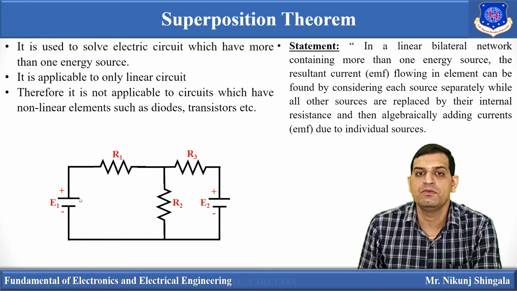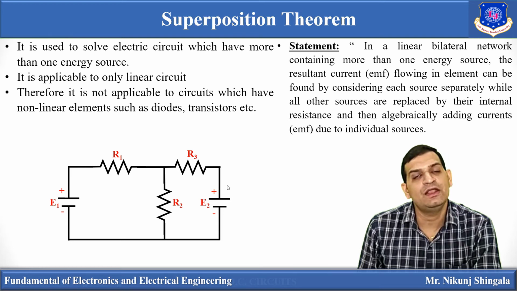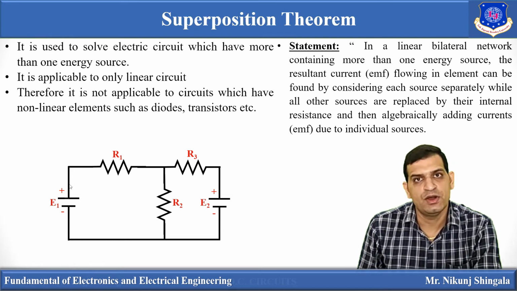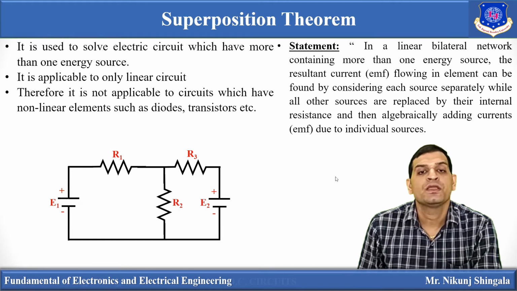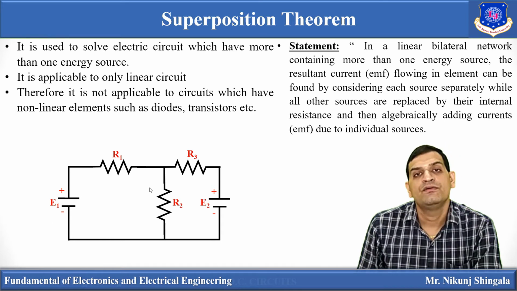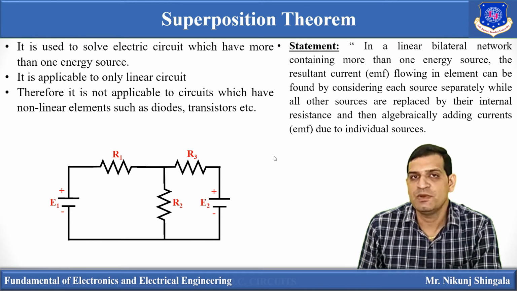Suppose we are considering E1, then we have to replace E2 by its internal resistance, that is, replace E2 by a short circuit, and find out the current through R2 because of E1 and note down that current. Now in the second step we have to consider E2 and short circuit E1, and find the current through R2 because of E2, and finally add both the currents algebraically.